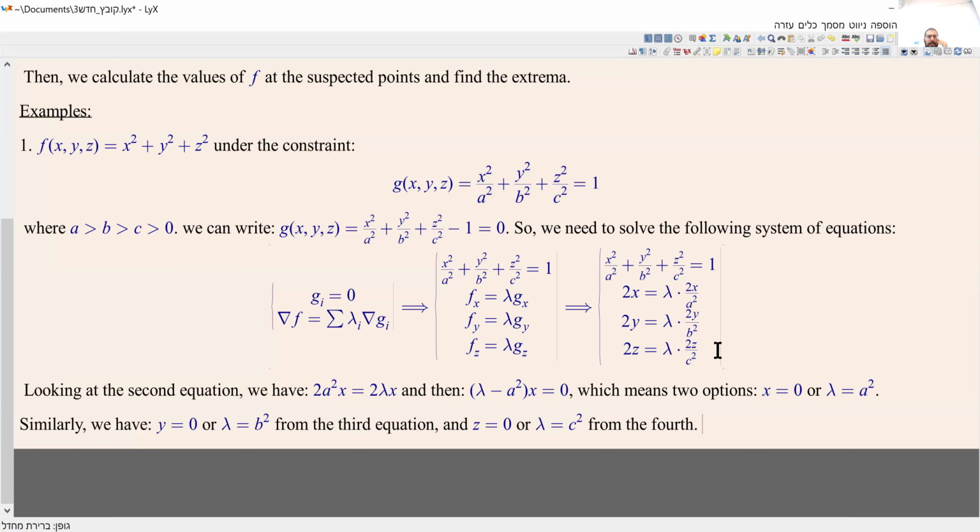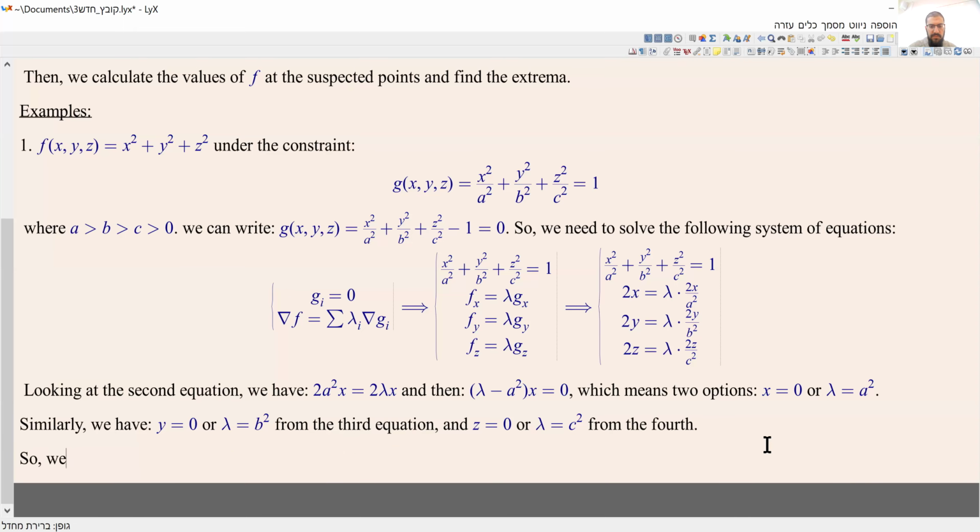Okay, so each equation gives us two options, which combinatorially speaking is actually 8 options, right? So we have 8 cases. Let's see. First of all, if x is 0, y is 0, and z is 0, we get a contradiction from the first equation.